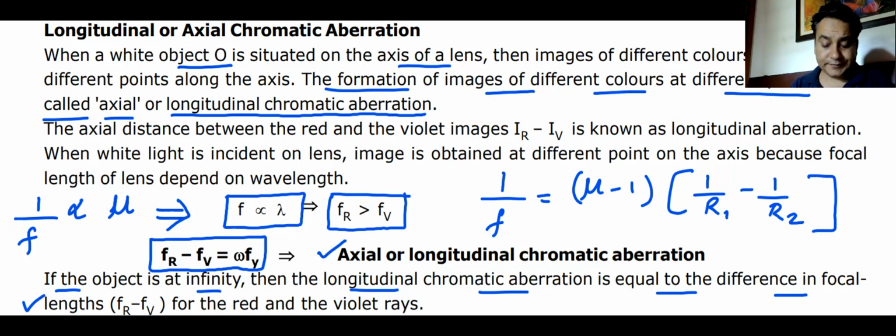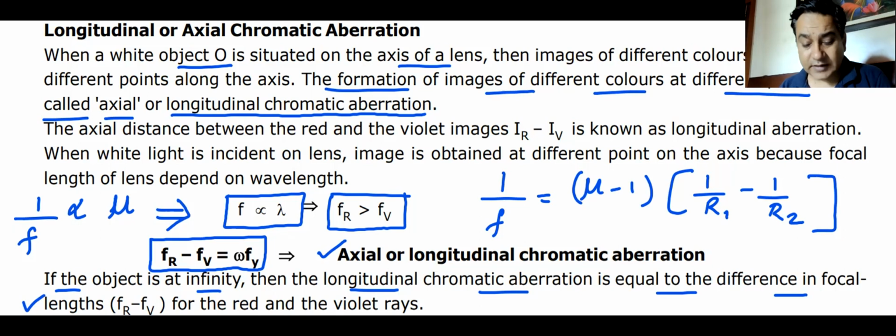Have you noted it down? Okay. Then, as I said, there are two types of chromatic aberration. One is along the axis. Violet light will get focus at a nearer point. Red light will get focus at a farther point. This is along the axis.